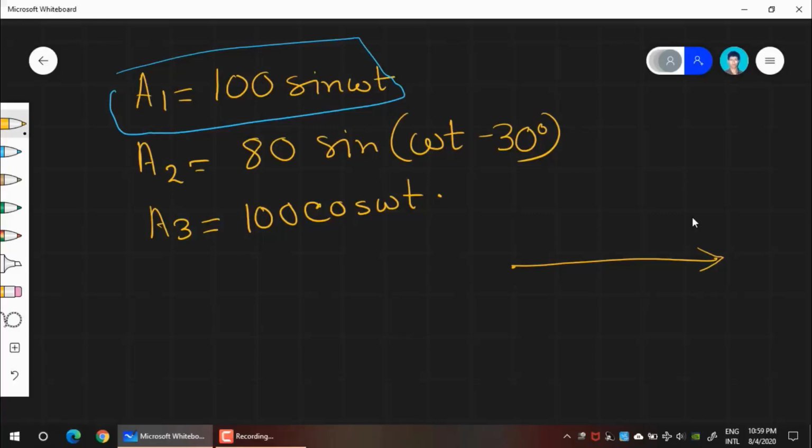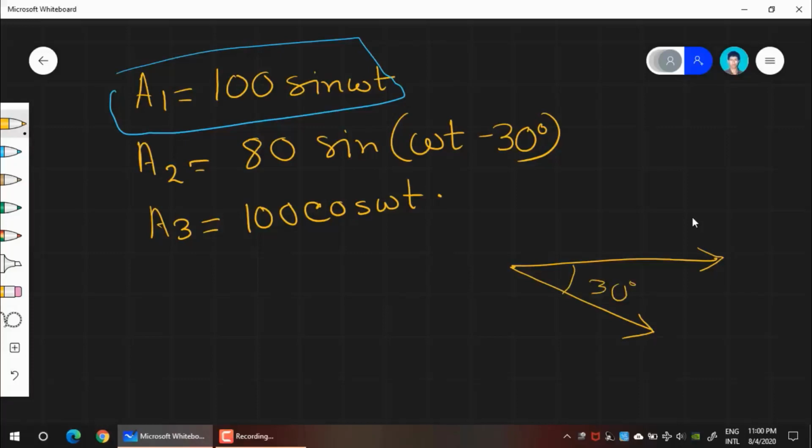Now once you have plotted this 100 sine omega t, then accordingly for the second one you have to draw a phasor that is scaled, with magnitude 80 by root 2, and this angle is 30.